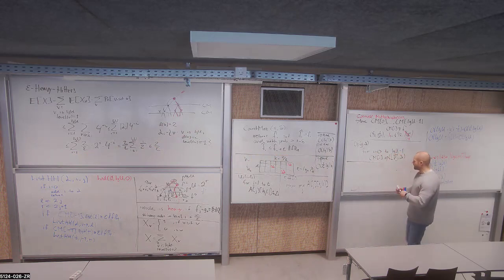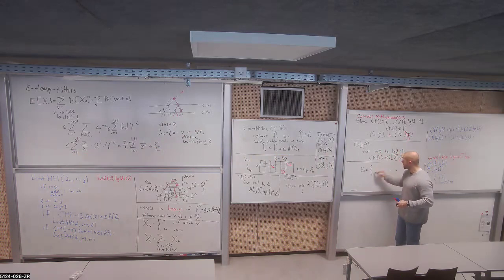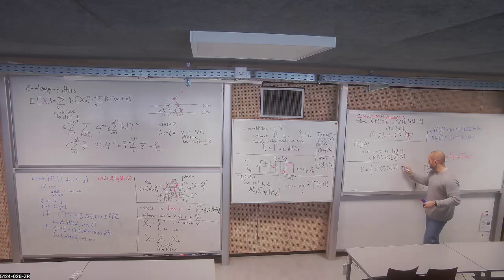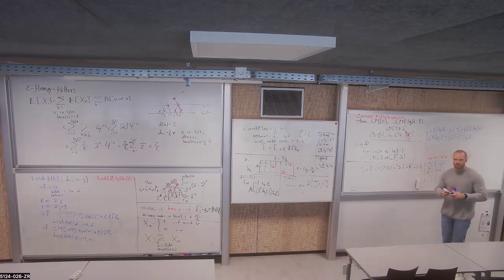We could define these events for every light node in level 0. We define the event that the CountMin at level 0 estimate of this i is greater than the true frequency plus epsilon half times the 1 norm.